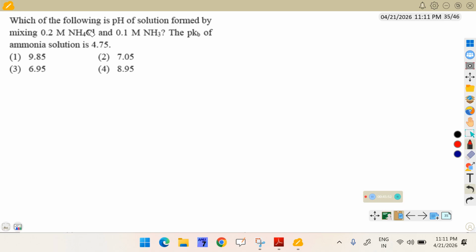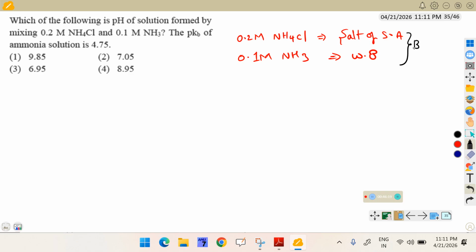What is the pH of the solution formed by mixing 0.2 molar NH4Cl, which is a salt of a strong acid, and 0.1 molar NH3, which is a weak base? The given buffer is a basic buffer.